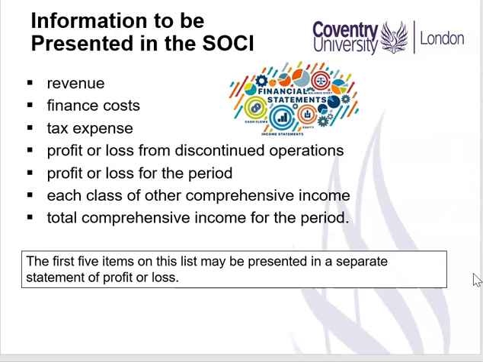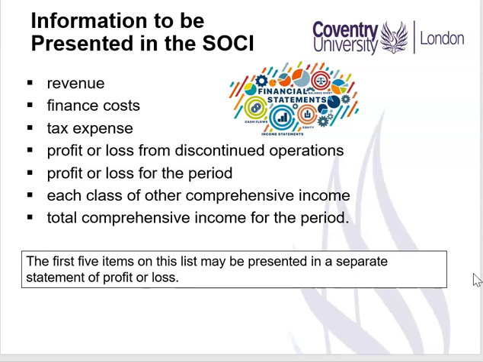Now, what are the components of this statement? You begin with revenue. Some call this turnover or sales. So you have revenue, finance costs, tax expense, profit or loss from discontinued operations if the company has ceased certain parts of its operations during the period, profit or loss for the period, each class of other comprehensive income, and total comprehensive income for the period.